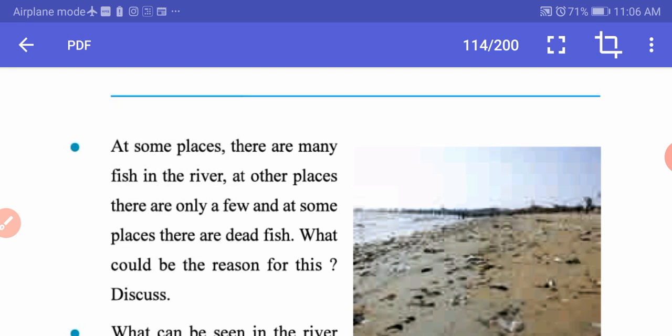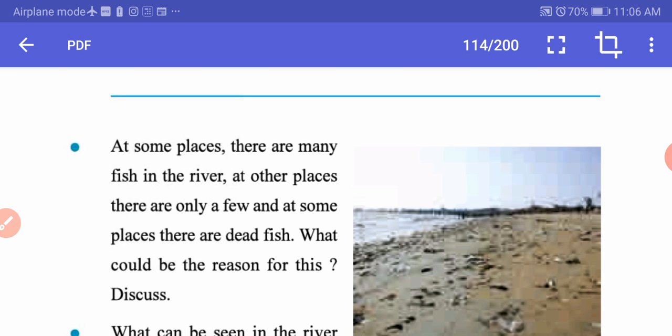Then in other places like in the village area, you will find few fish because the water is already dirty, because people bathe cattle, they wash clothes, and they do some activities which make the water dirty, and that is the reason why you see few fish over there.